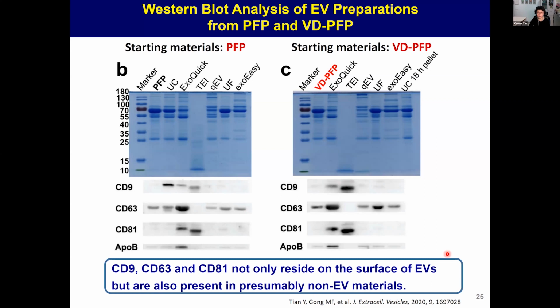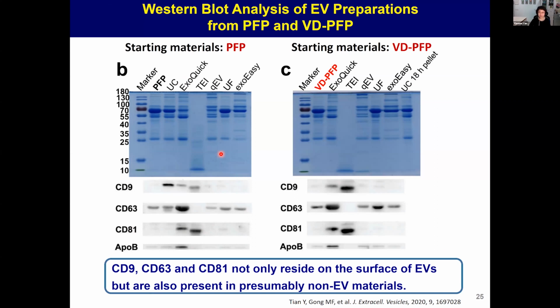So we really cannot use merely the Western blot result to say the kit has a high recovery of EVs, because this is an ensemble average method. It cannot differentiate whether those proteins are associated with the vesicles, associated with other non-vesicular materials, or simply reside in the solution.